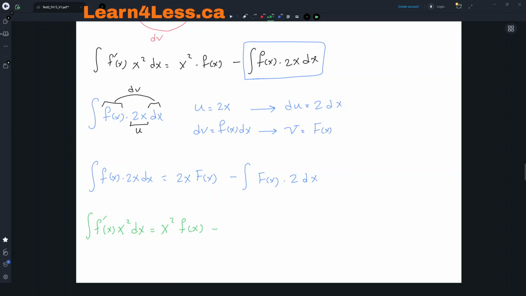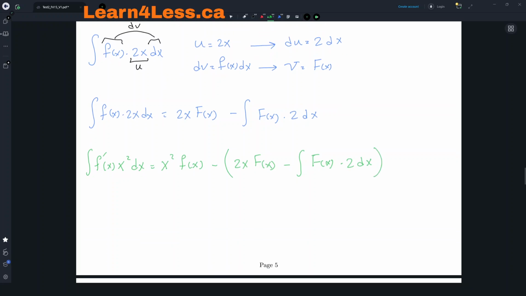And instead of that integral, we have this part. Because it is a negative sign, I make sure that I write everything in a bracket: 2x capital F of x minus the integral of capital F of x times 2 dx. So this would be basically the final answer.